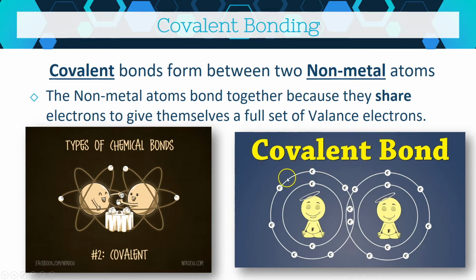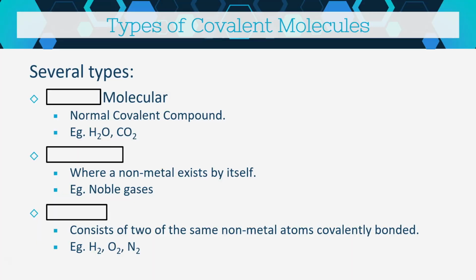So since shell 2, you've got 1, 2, 3, 4, 5, and we're going to count this one 6, 7, and 8. Okay, so those 2 electrons belong to this one, but at the same time, if we go to our other guy here, we go around the other way, we've got 1, 2, 3, 4, 5, 6, 7, and 8 as well. So these 2 essentially end up getting counted twice because they belong to both parties. And that's how those covalent bonds work. They put electrons in the middle and they share them.